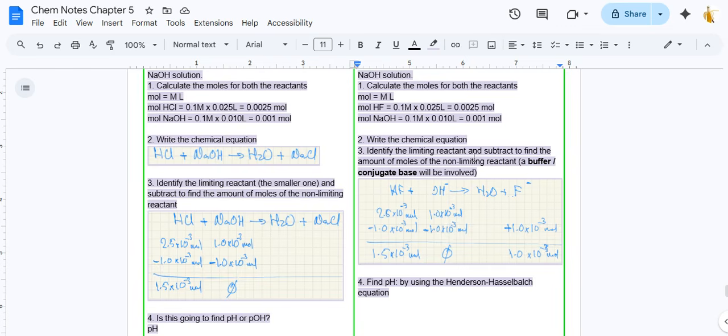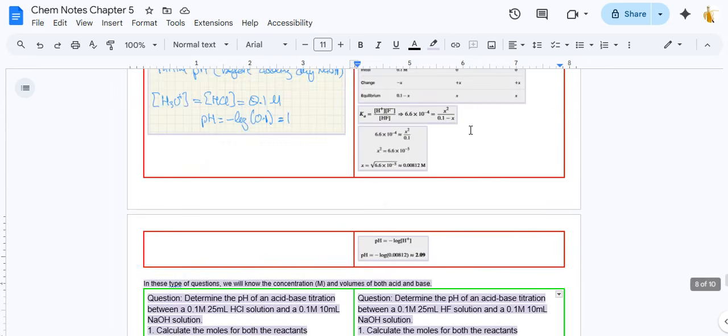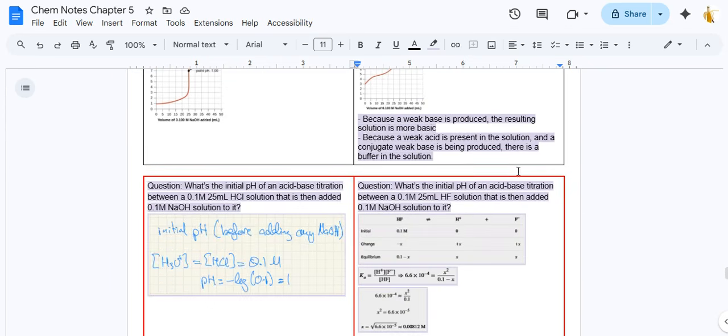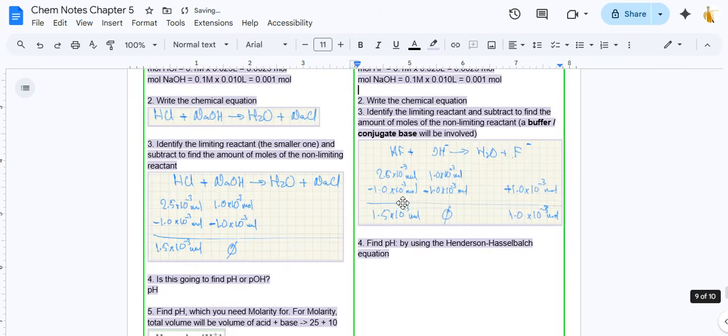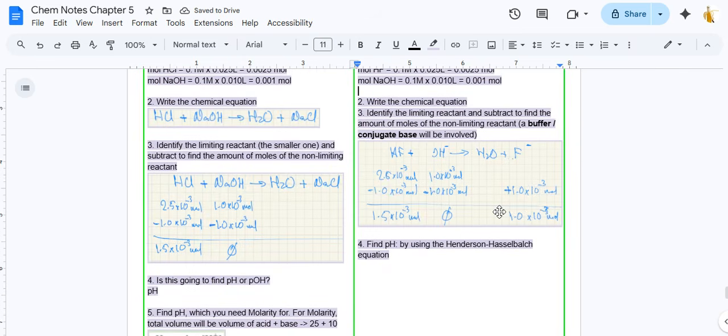The difference here is that, remember how I said a buffer will be kind of formed? So you do the same thing of subtracting both sides with that, but then you add the amount of limiting reactant here.